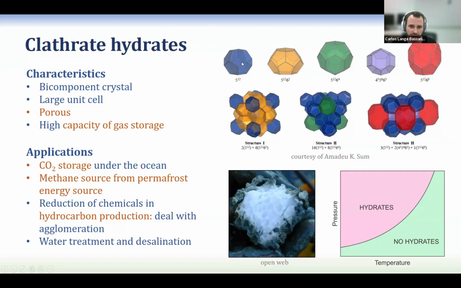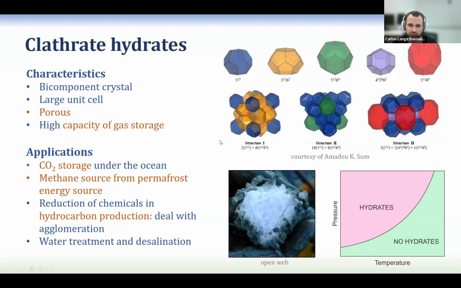And then inside of these cages, there is a gas molecule. It can be a very small gas: oxygen, nitrogen, a small hydrocarbon, methane, ethane, propane, carbon dioxide. And this small molecule in the cage is rotating and translating and stabilizing the cage.